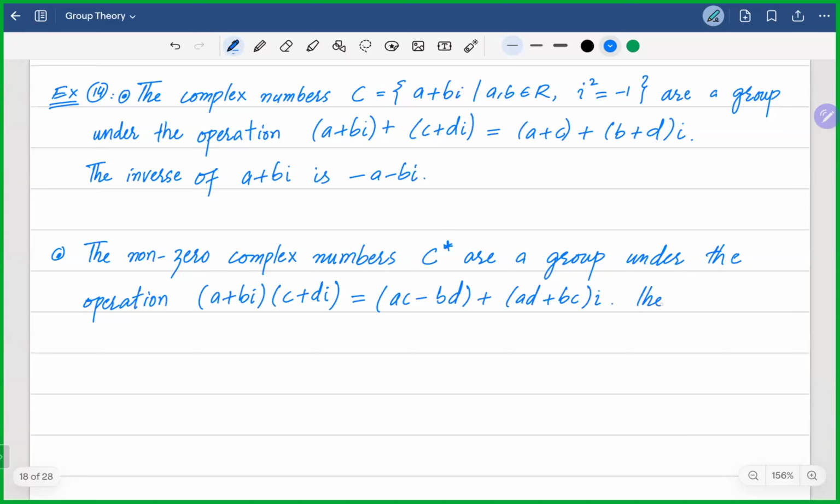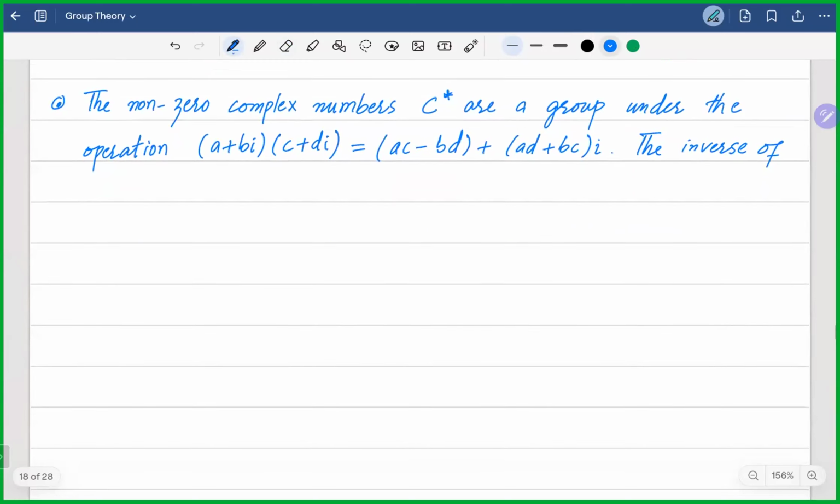Whereas the inverse of a plus b iota is nothing but one over a plus b iota, which can be written as 1 over a plus b iota multiply a minus b iota over a minus b iota.